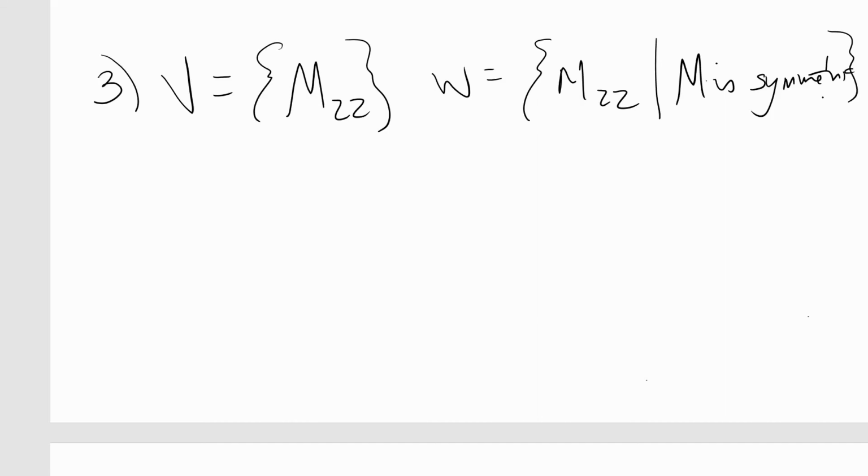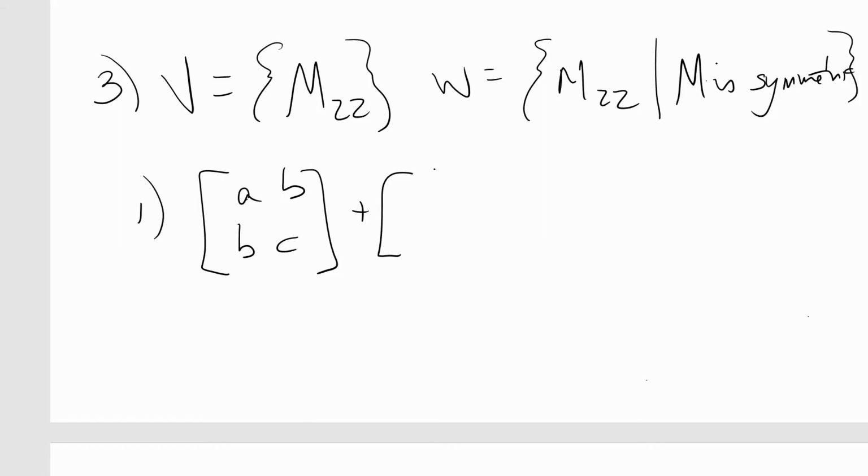Symmetric means the original equals the transpose. All right, so let's look. Number 1 says if we add any two symmetric matrices, we're going to get a symmetric matrix. So let me come up with a symmetric matrix using variables: A, B over B, C. This is symmetric because if I take my first row, make it my first column, it matches. If I take my second row, make it my second column, it matches.